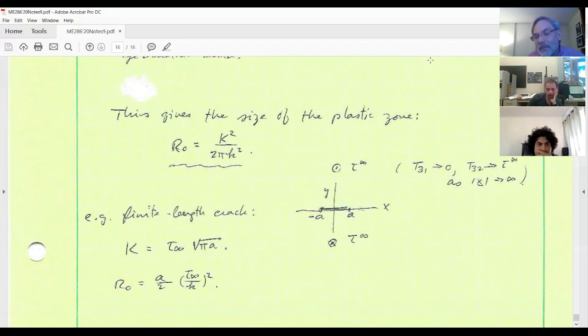And it's a much more challenging problem. So this shape of the elastic plastic boundary is part of the problem to be solved, right? So the circular shape is specific to anti-plane shear.